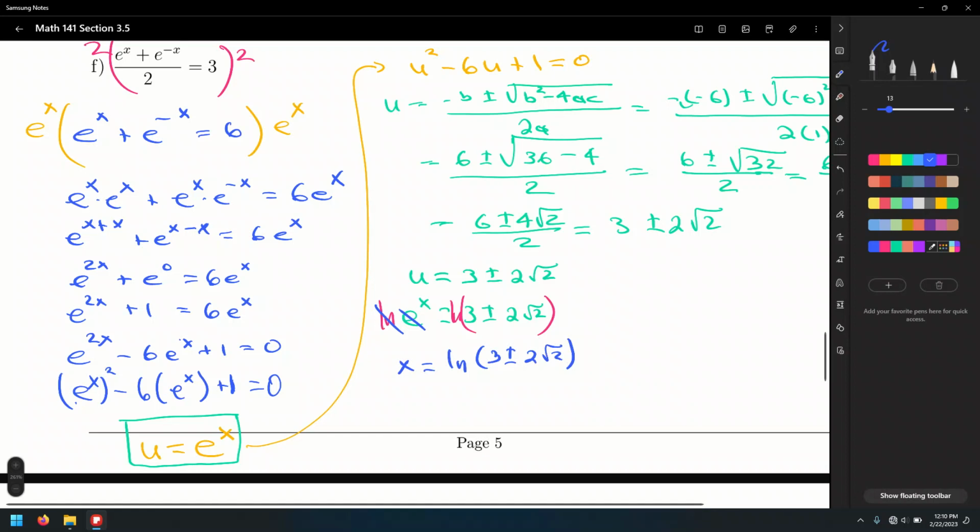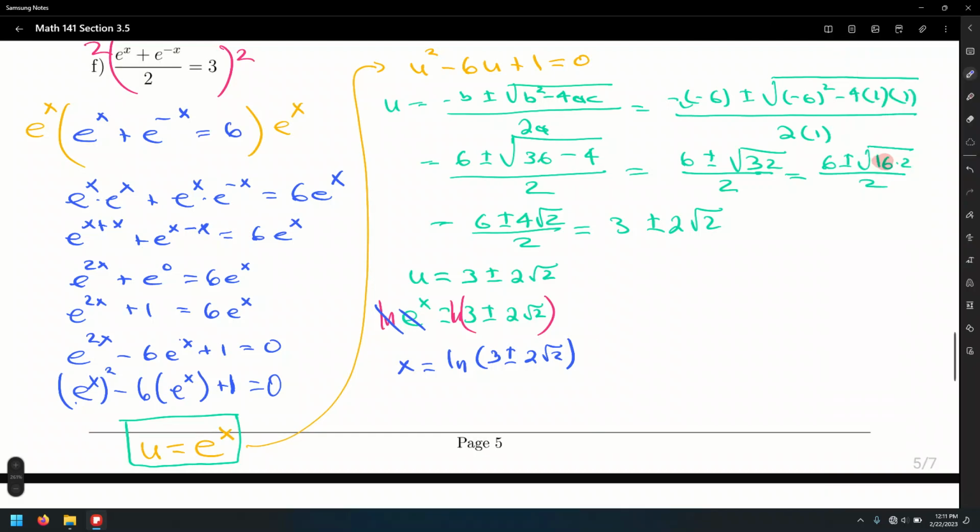All right. So what's this going to be in the end? Well, let's see. Are we going to get a good result here? Are we? Anyway, we need to check both solutions in this case. Number 1, from here, x1 equals ln of 3 minus 2 root of 2, and x2 equals ln of 3 plus 2 root of 2.